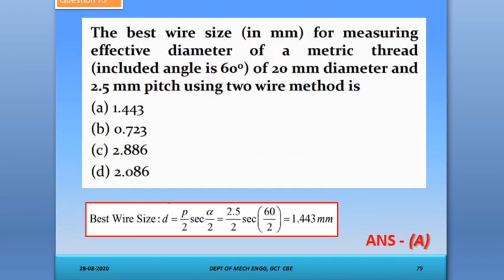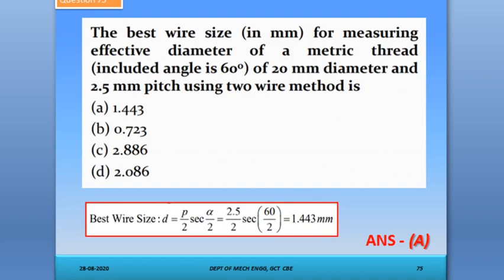The next one: the best wire size in millimeter for measuring the effective diameter of a metric thread, included angle 60 degree, of 20 mm diameter and 2.5 mm pitch, using the 2-wire method.